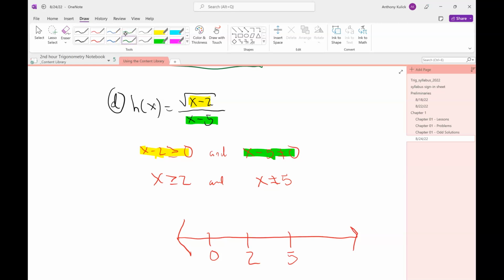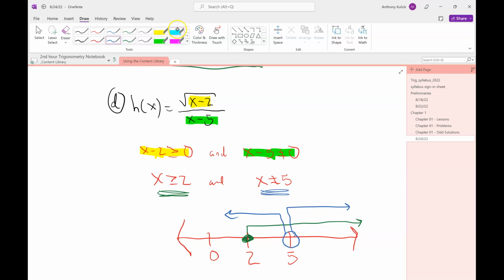All right, since I have 2 of these things going on, I'm going to do 2 colors. I'll do this one in green, and I'll do this in blue. Everybody's good with what I've drawn here?